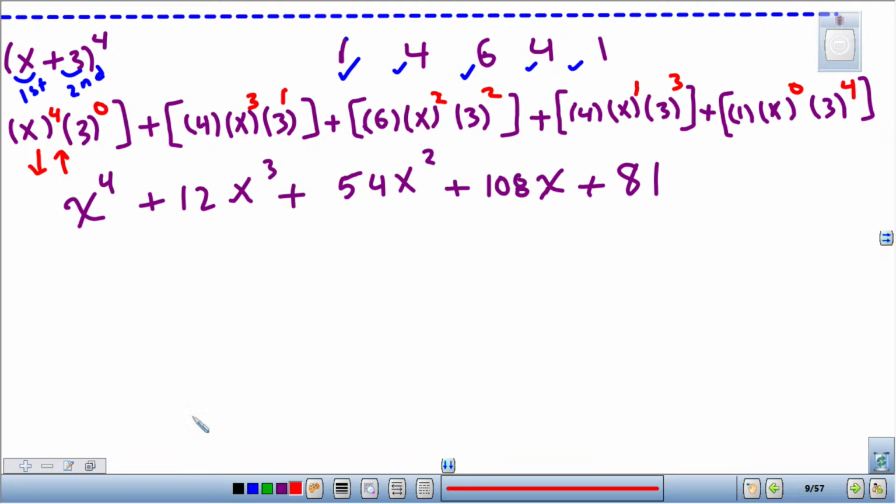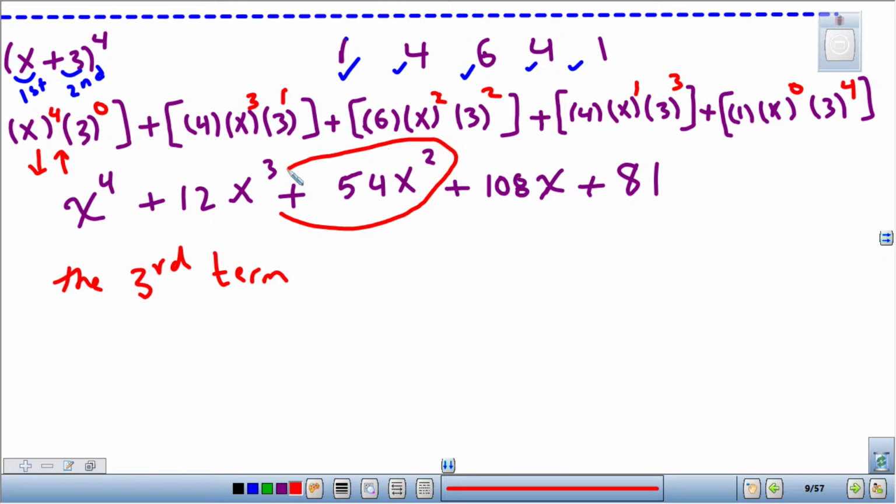The third term is the whole thing. You grab the whole thing just like that. This is the third term. So the third term for me is going to be positive 54x squared.